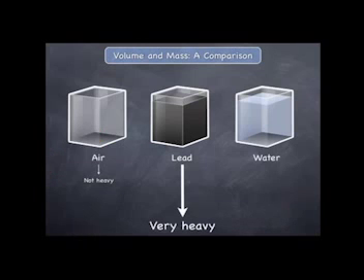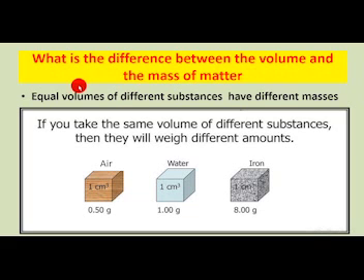So the air is not heavy, the lead is very heavy, the water is intermediate or middle heavy. But all of them have the same volume. We conclude that equal volumes of different substances have different masses.